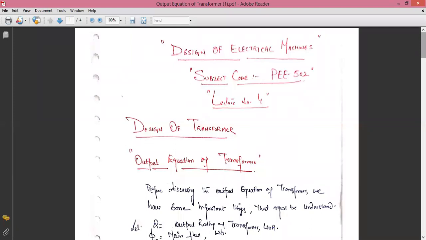If it is a single phase transformer, you use the output equation Q is equal to 2.22, and if you have a three phase transformer, then as we have discussed, Q is equal to 3.33.